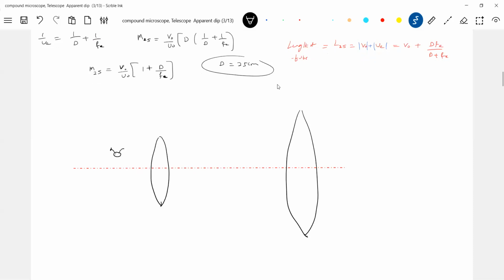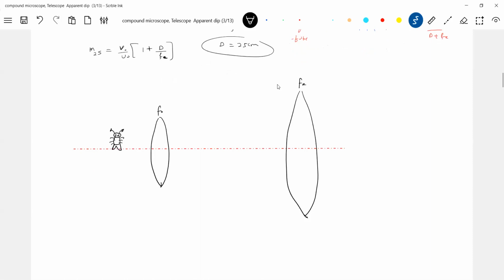Let's take this one. It is like this. So this is that specimen. There's the objective, F naught. This is Fe. How will it appear?